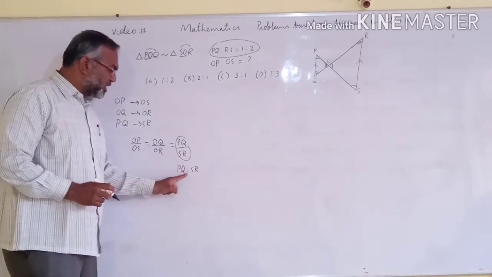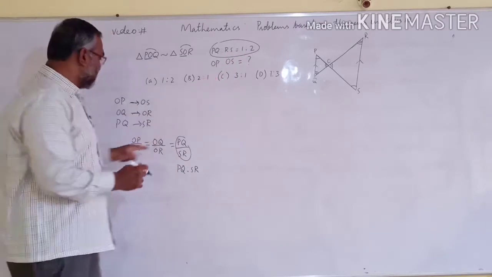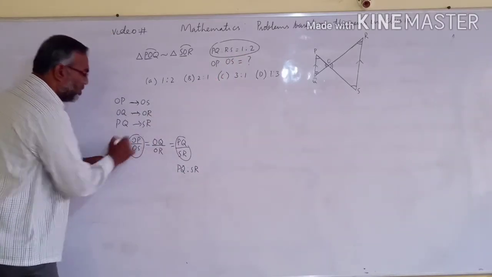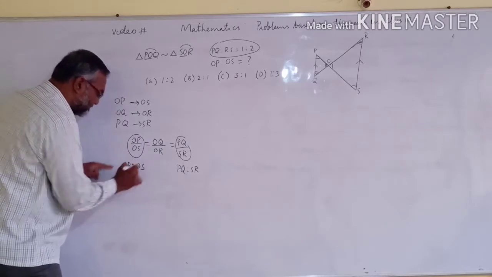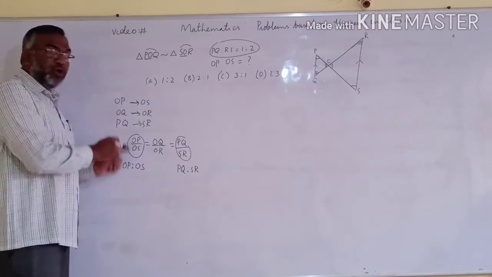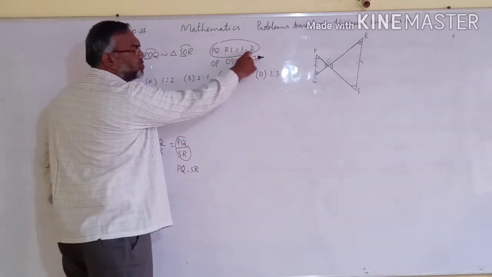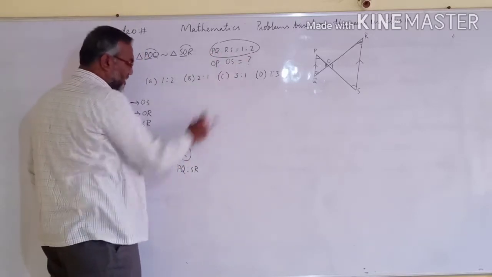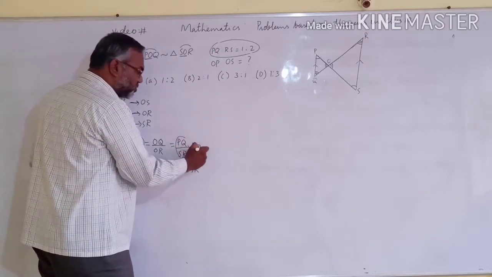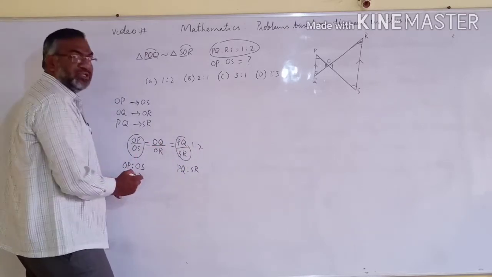In place of divide, you can use is to. So this ratio is given. It is 1:2, and they are asking us to find the value of the ratio OP is to OS. But we know that these two ratios are the same. So if PQ is to RS is 1:2, then this must also be 1:2.